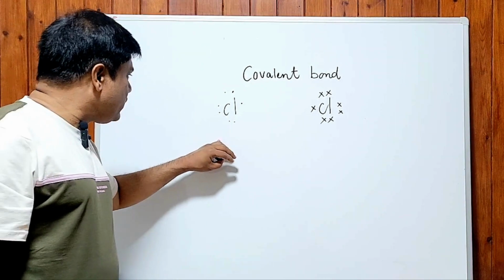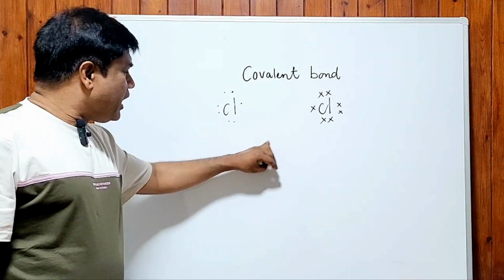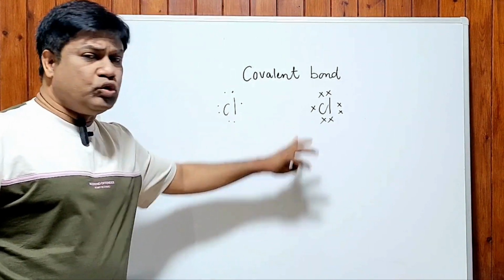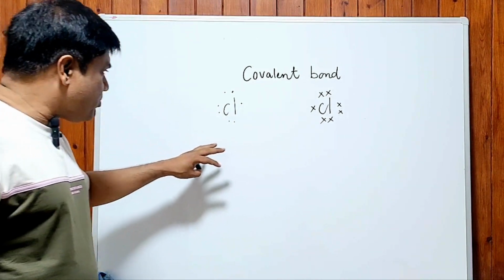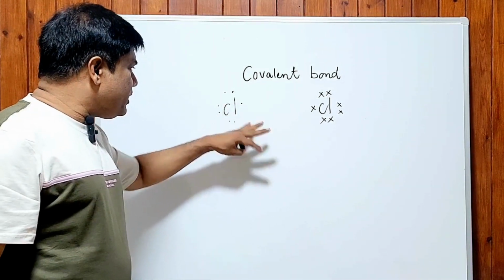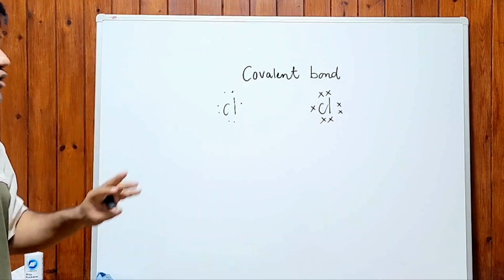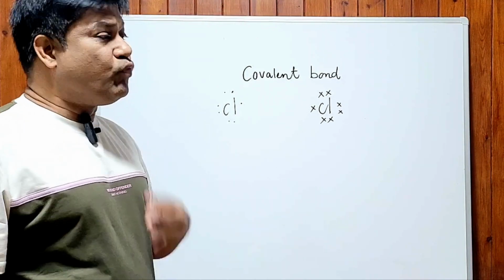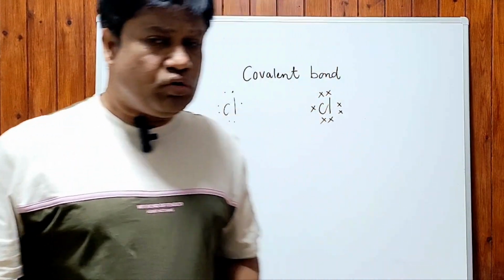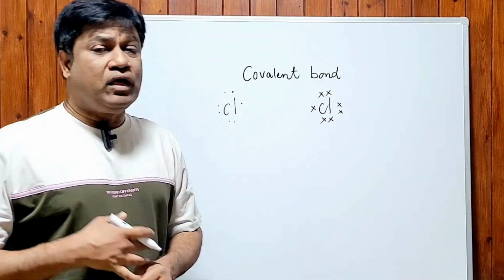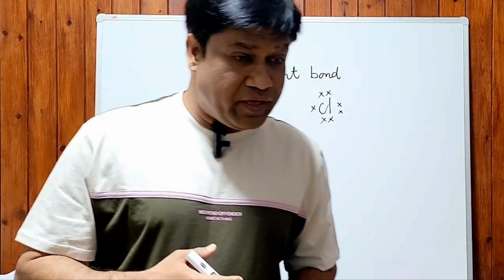Can this chlorine donate an electron? And can this chlorine gain the electron? No. This type of complete transfer of electron does not take place in the case of two non-metals. Then what will they do? We know non-metals can't lose electrons. Can they gain the electron?